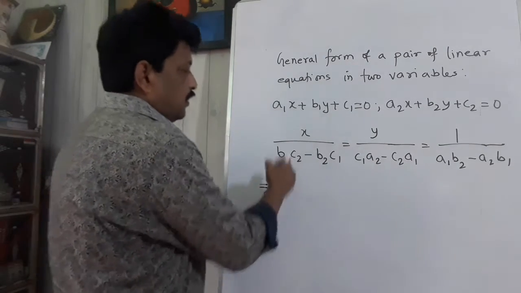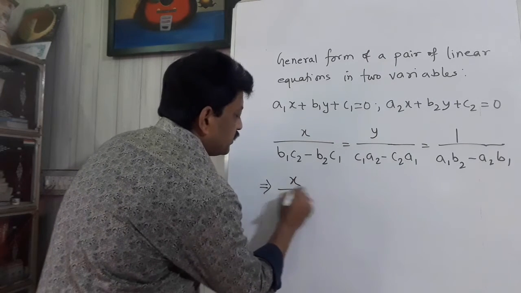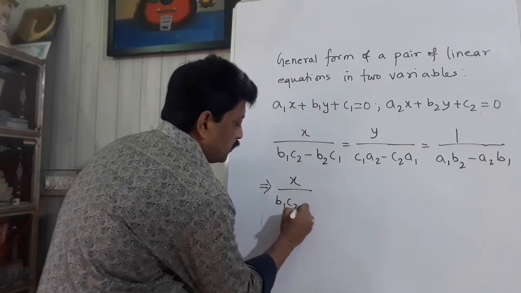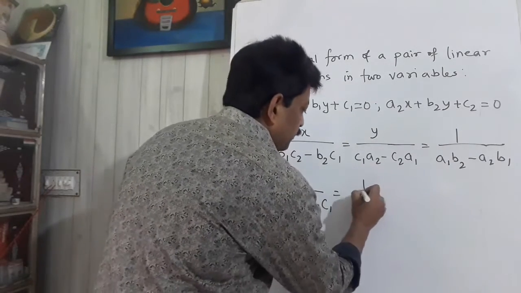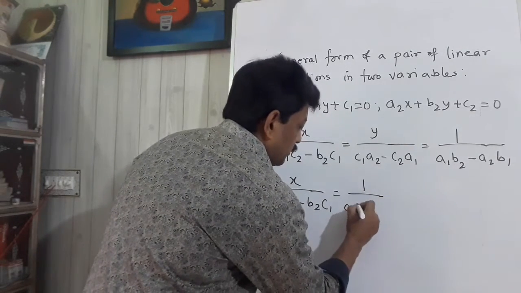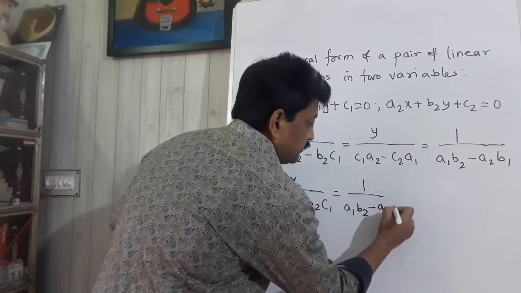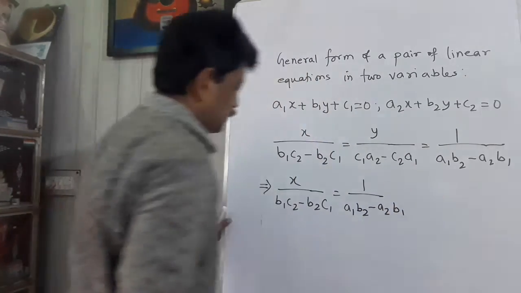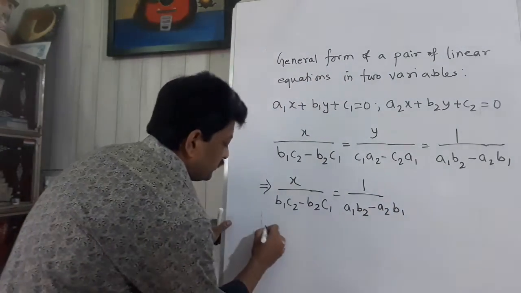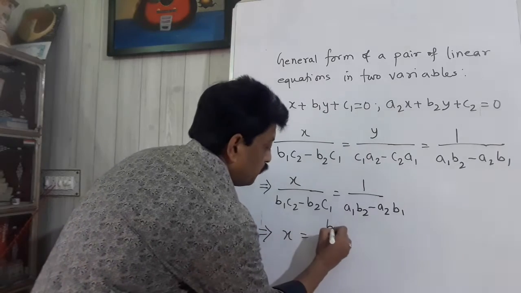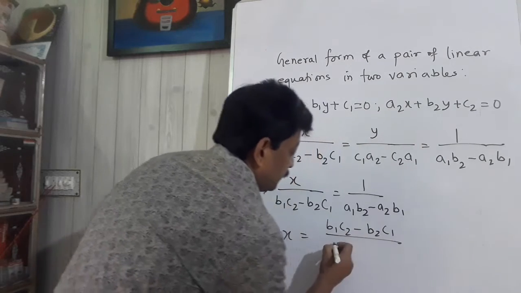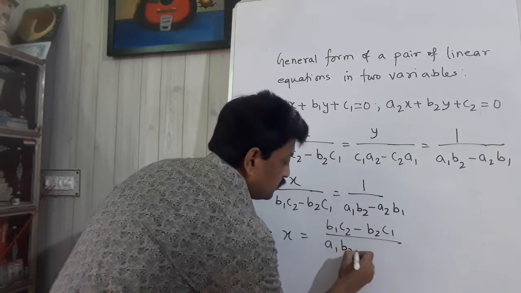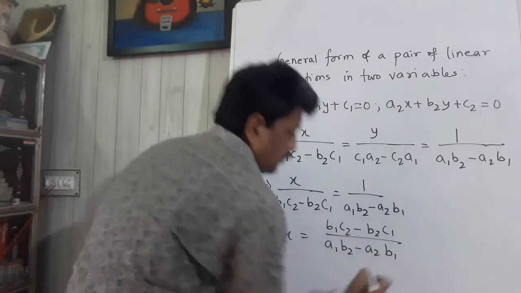So this can also be written as x by b1c2 minus b2c1 equals 1 upon a1b2 minus a2b1, or we can write x equals b1c2 minus b2c1 by a1b2 minus a2b1.